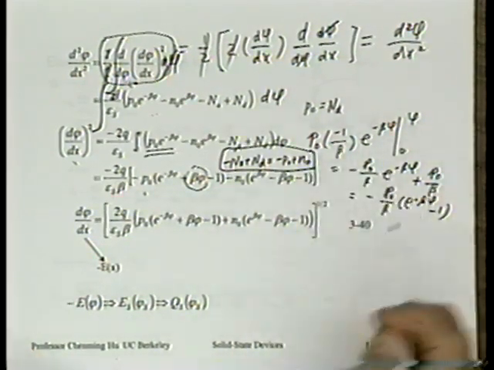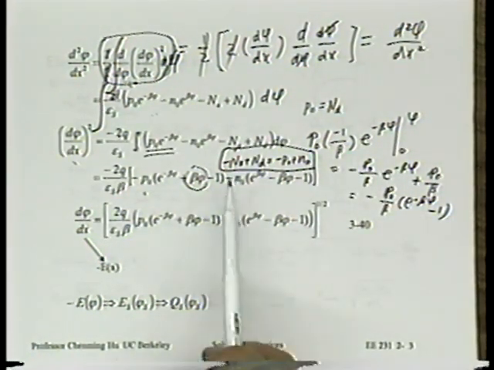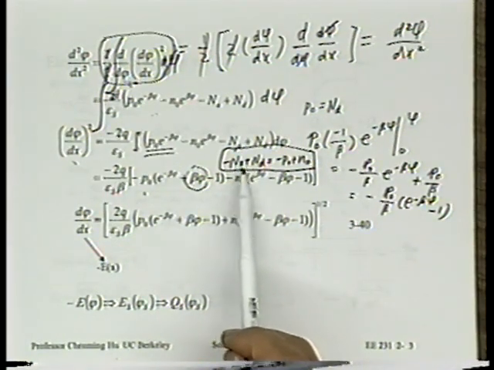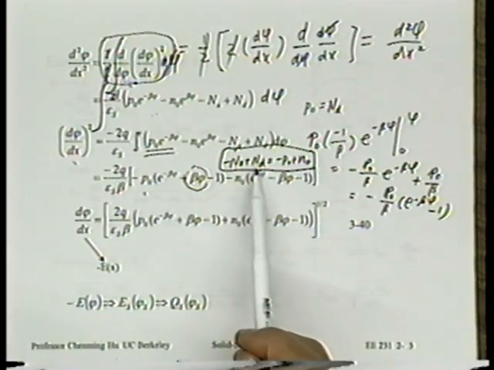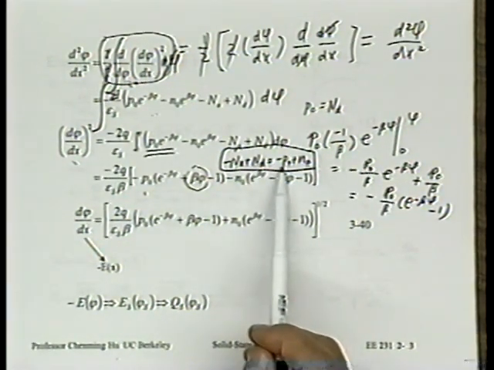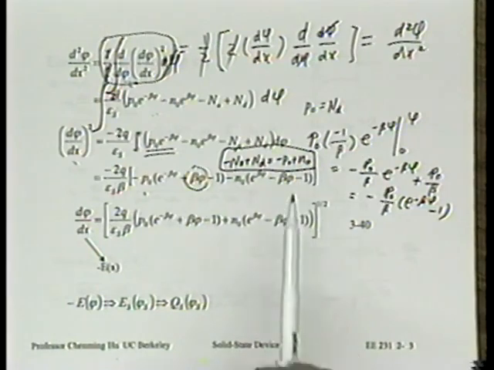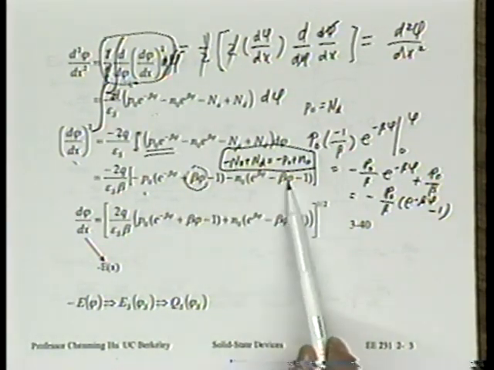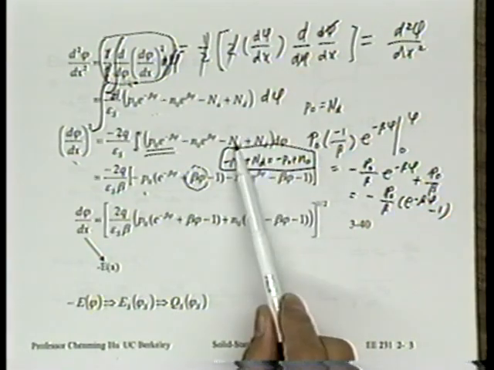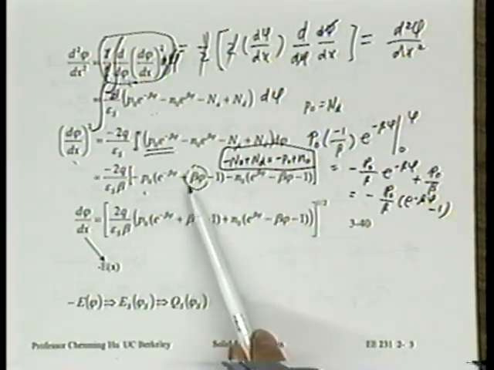At equilibrium, because of charge neutrality, the ionized acceptor charge plus the ionized donor charge, we did not even assume whether this is P-type or N-type, must be equal to minus of the hole charge plus the electron charge. Follow what I'm saying? Because positive charge and negative charge must agree. So we didn't even assume this is P-type or N-type. So that's where these two terms come from. It's because we have those two terms, therefore we have a P naught term, we have an N naught term.